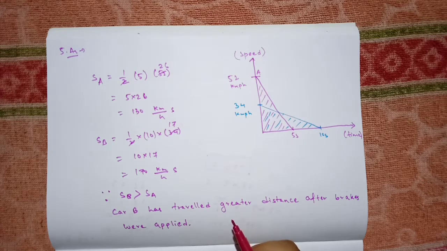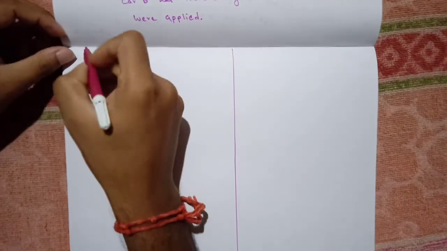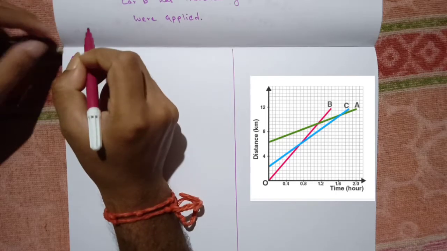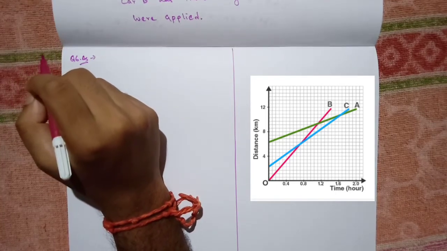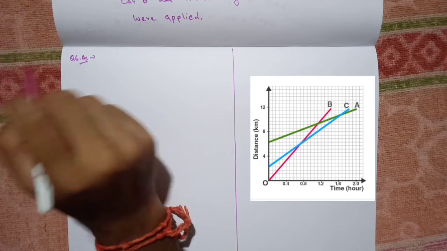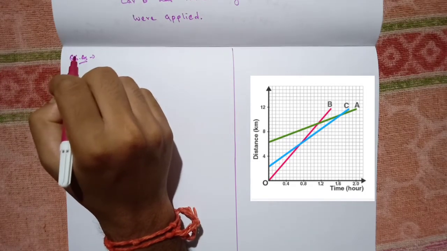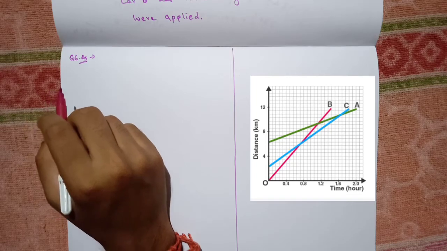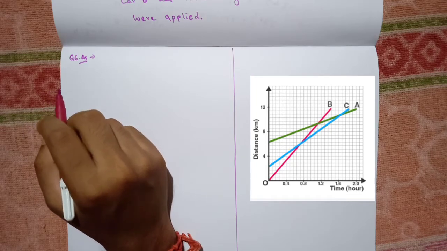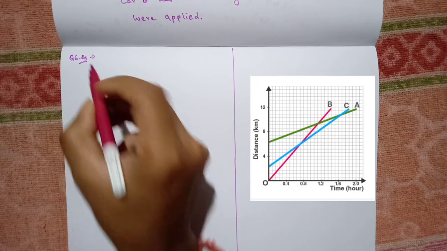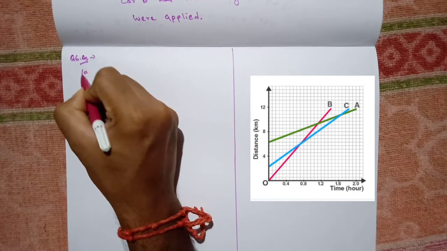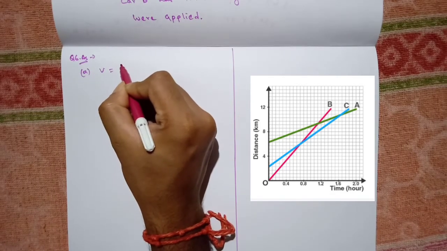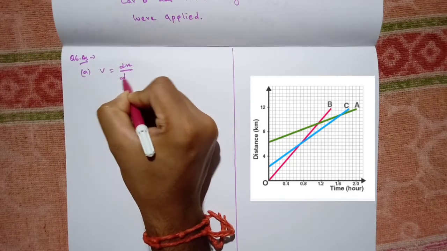Okay, so the question number 6, here it is asked in 4 parts. So it has given us a distance time graph of 3 objects, which is A, B and C. So study the graph and answer the following questions. So the first question is, which of the 3 is traveling the fastest? So for traveling the fastest, speed has to be maximum, which is dx by dt.